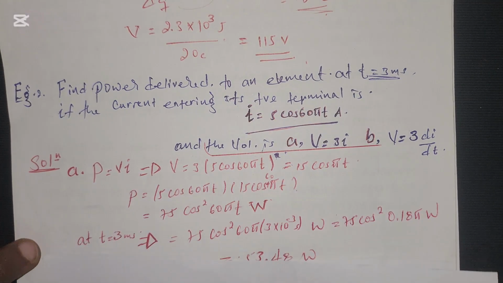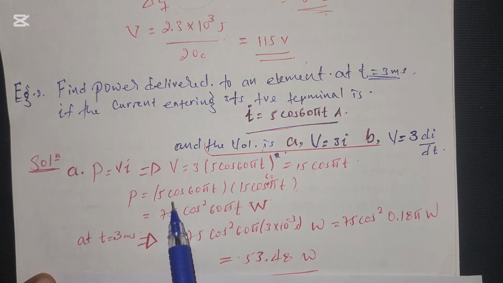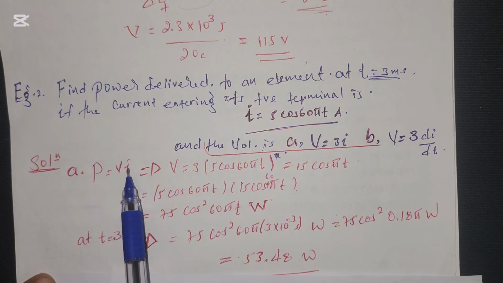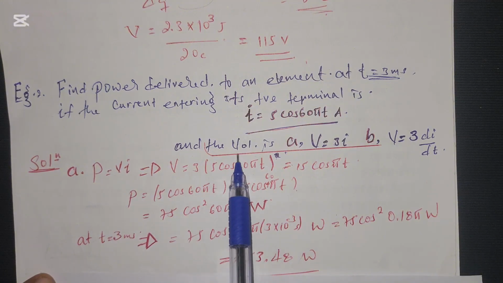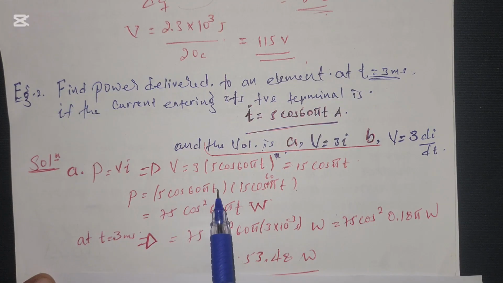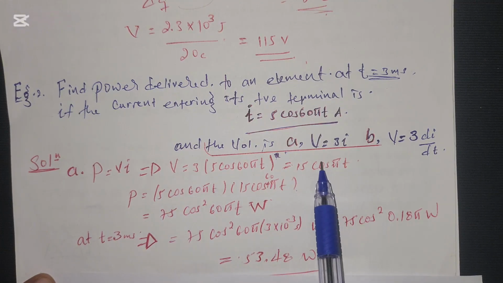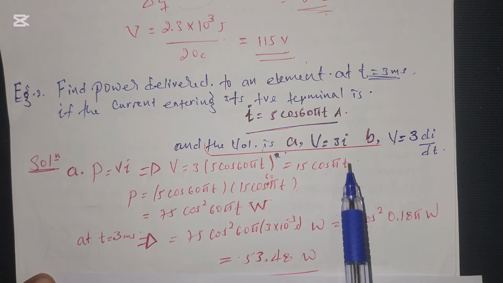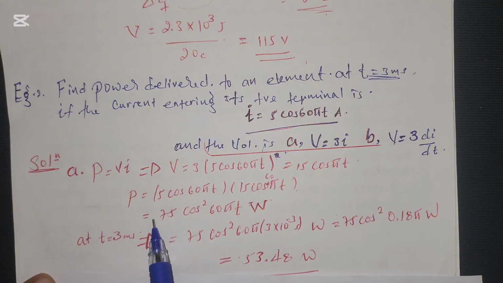Now let's calculate P. P is equal to simply V times I. Inserting this, I is given by 5 cos 60 pi t, and V is, as we calculated, 15 cos 60 pi t. Calculating and rearranging this will give us 75 cos square 60 pi t.